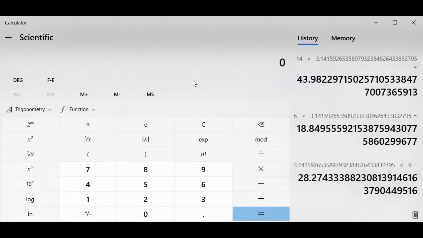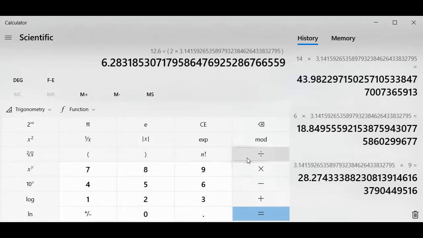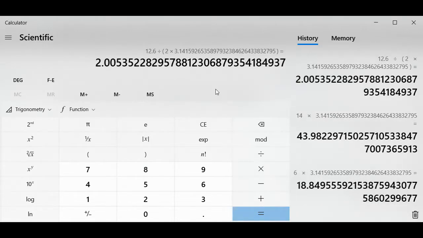I use the parentheses here. I'm going to do 12.6, then divide, and then use parentheses, 2 times pi, close parentheses. And then we press enter, and so we get this.